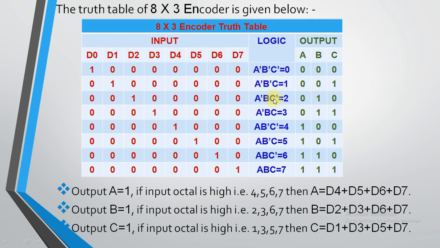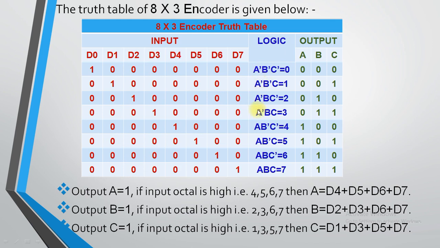Now here is the truth table which represents 8/3 encoder. To represent 8/3 encoder, you need to have 8 input variables over here. At a time, you need to write 1 in each input variable. The remaining values will be marked with 0.